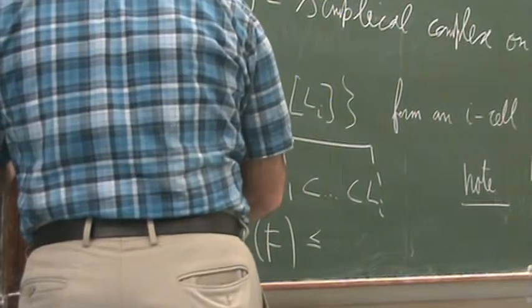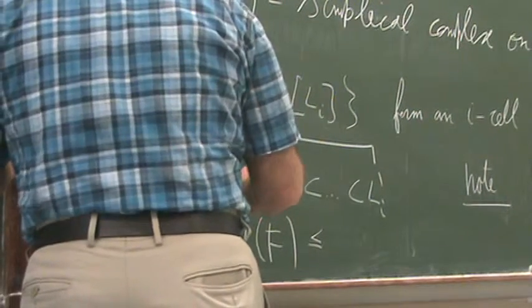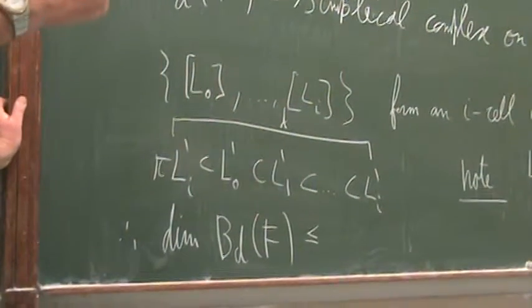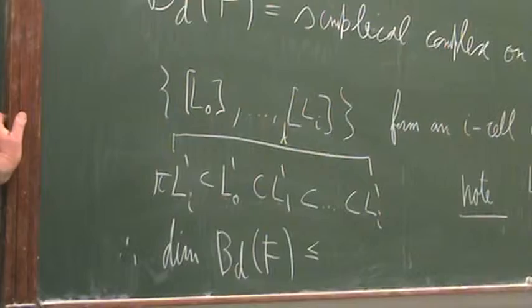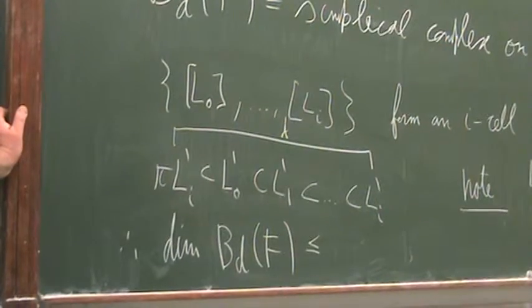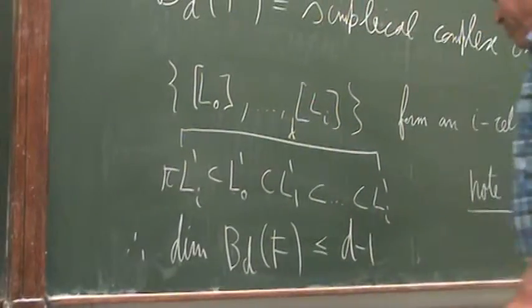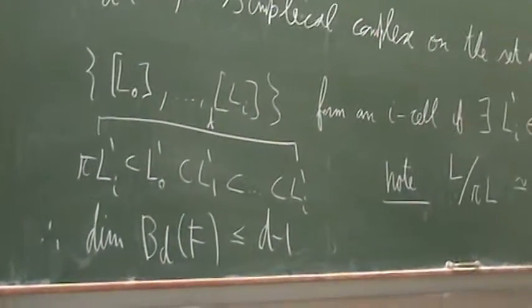So the series is from 1 up to D. So the length of the series is at most D, which means that as an I cell, this is at most D minus 1. It's a simple point, but I got confused, so better I repeat it.